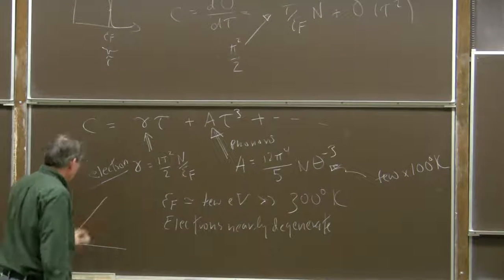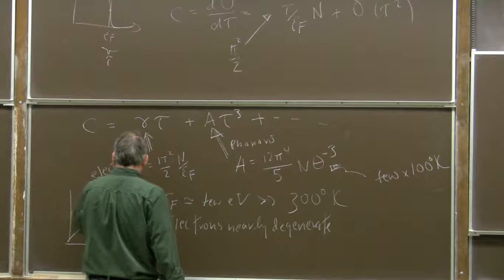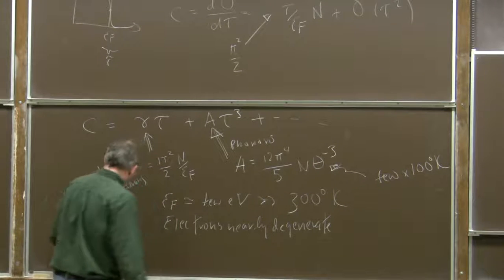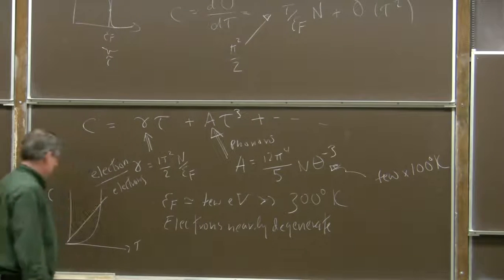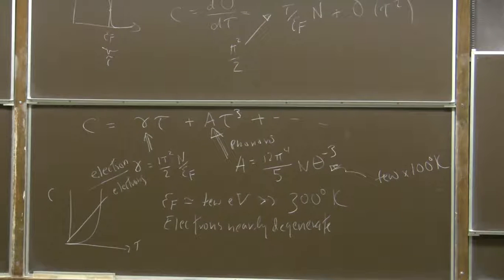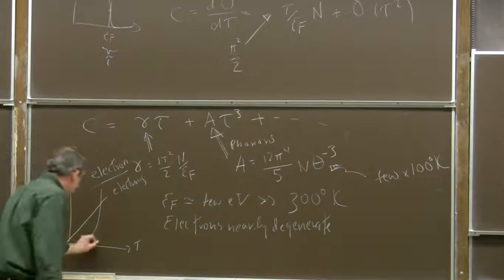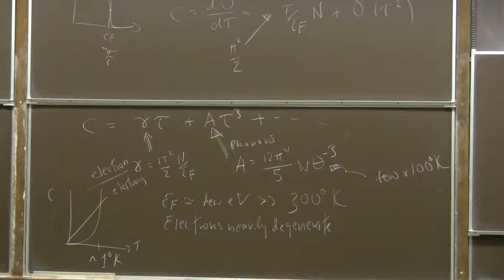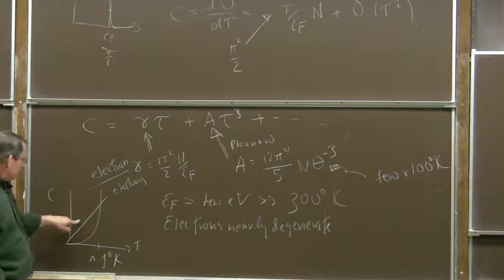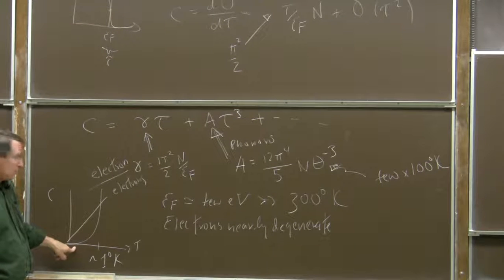There's a linear contribution from the electrons, the cubic contribution from the phonons, and they typically cross over at about 1 degree K. At lower temperatures, the linear term is dominant, and experimentally, the linear behavior of heat capacity at low temperature is seen pretty accurately.